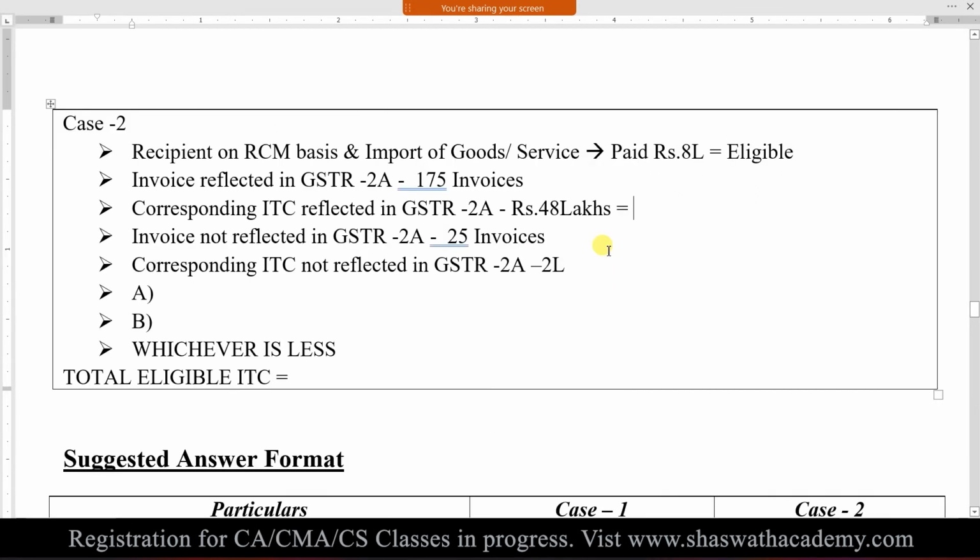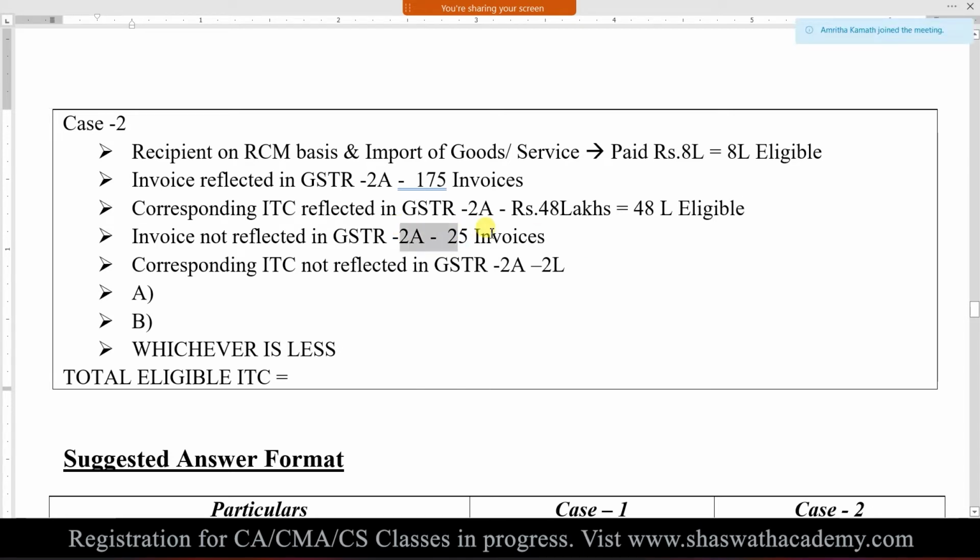That means I'm eligible fully. Therefore for the entire 48 lakhs I am entitled. Here for the entire 8 lakhs I am entitled, and here the entire 48 I am eligible for. Guys, are you all comfortable? Yes, sir.